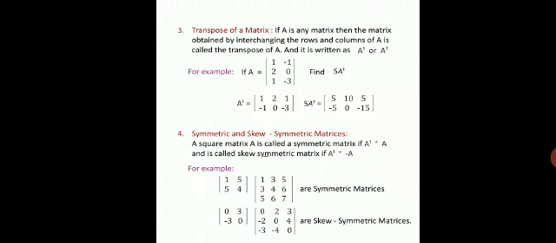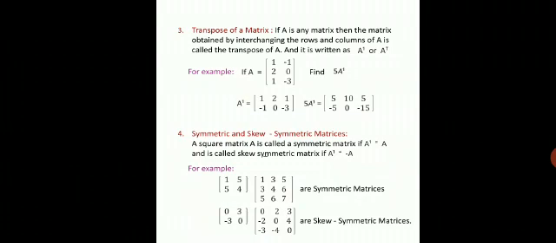That means when you interchange the matrix A, it becomes A dash. So the elements of the matrix are not going to change. It remains the same. See the example. Here in the matrix 1 5 5 4, after interchanging this, we will get the same matrix again.